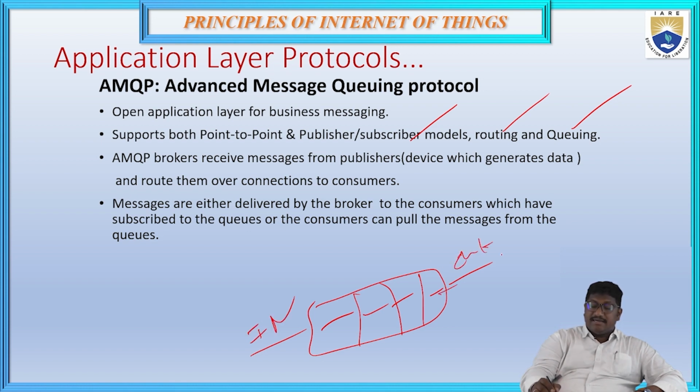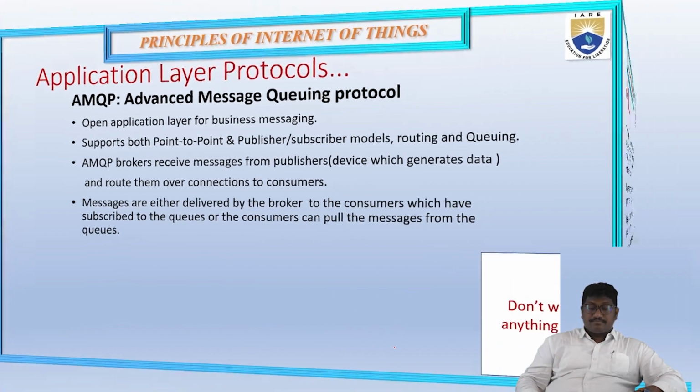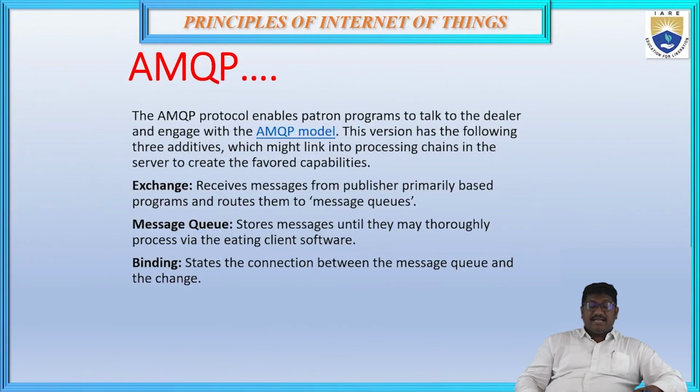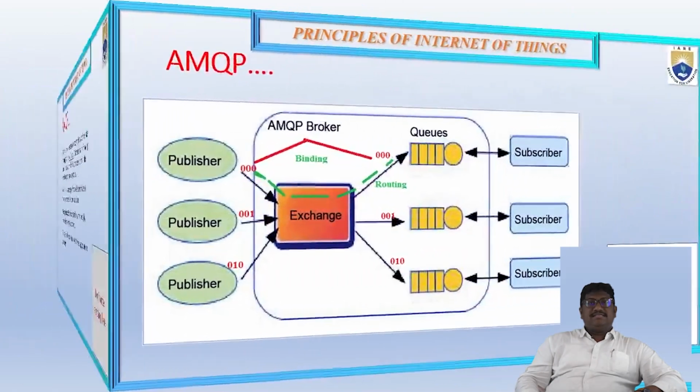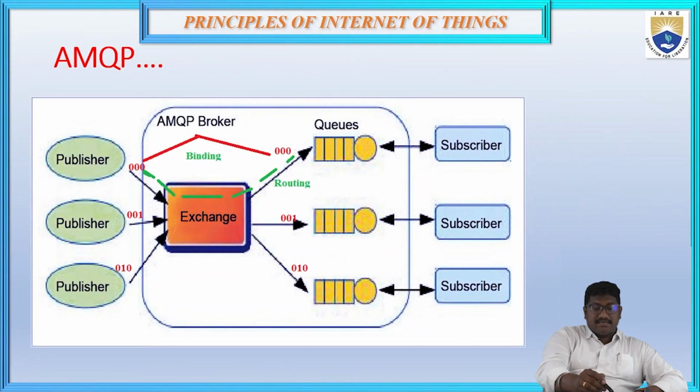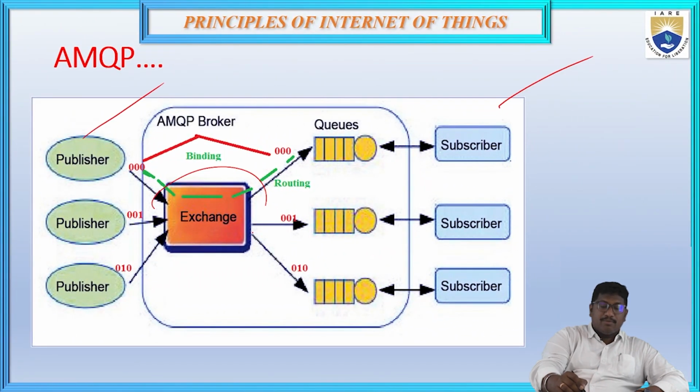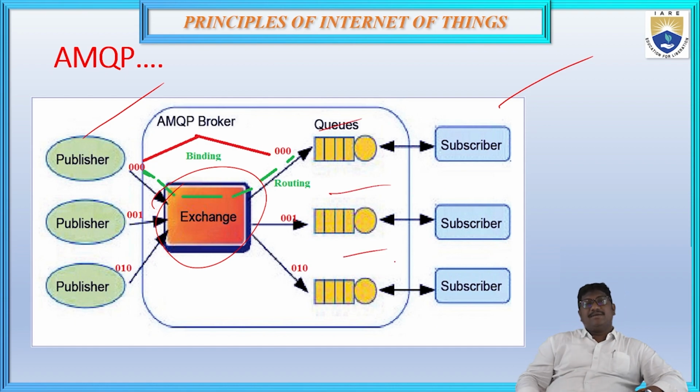Whatever is inserted first is going to be addressed first, right? Here we are exchanging and transferring information in the form of a queue, and we are using binding. Binding is nothing but stating the connection between different kinds of messages. This is how it looks: publisher and subscriber, AMQP broker, and these are the queues which are going to be addressed from subscribers.